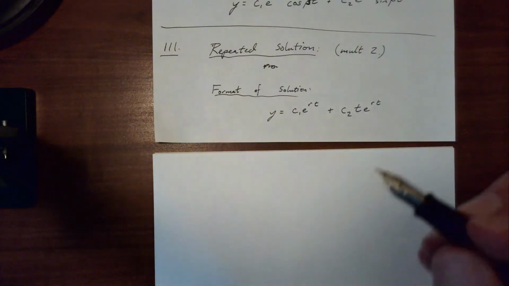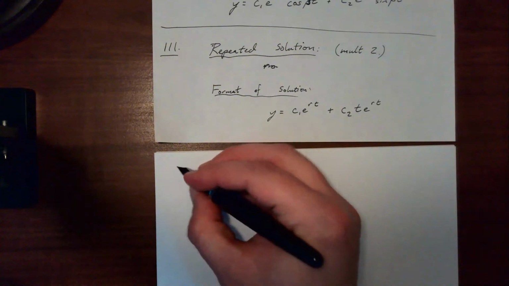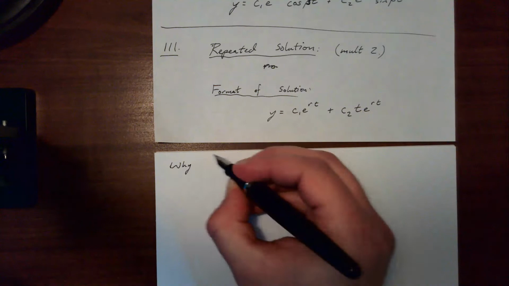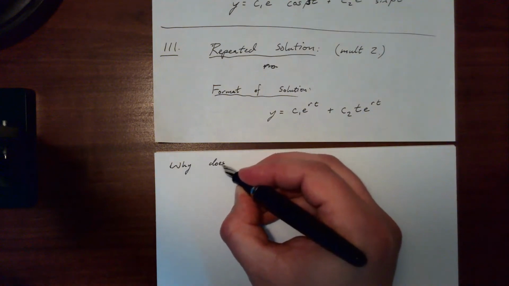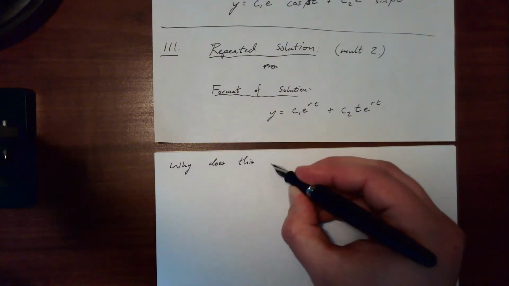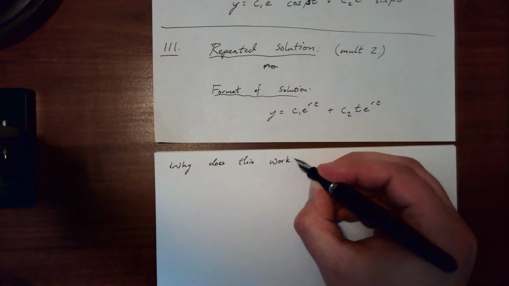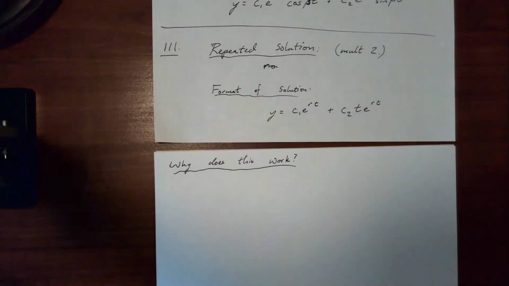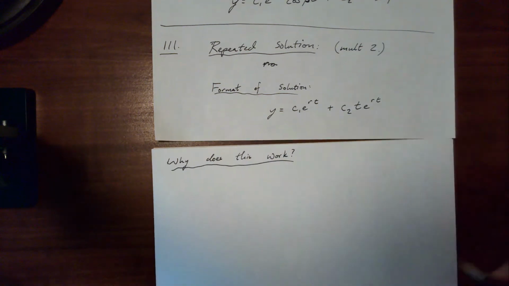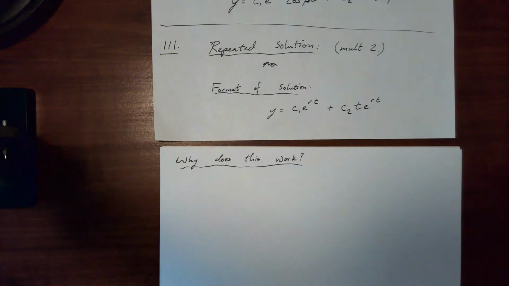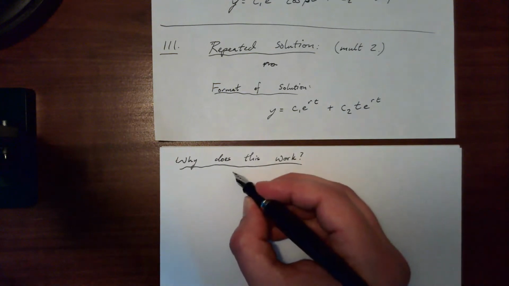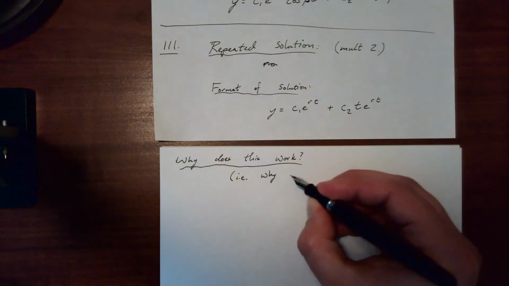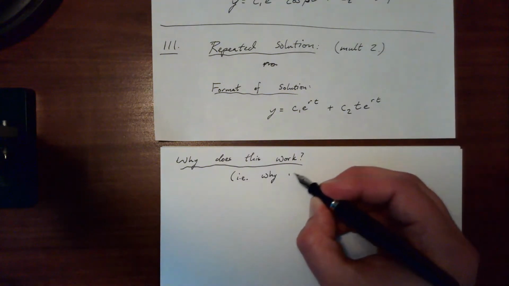Okay, so now let's ask ourselves, why does this work? What we're asking when we ask this question is really just why the second term works. The first term fits in the same pattern as what we've been doing, i.e. y are things in the form of this solution.